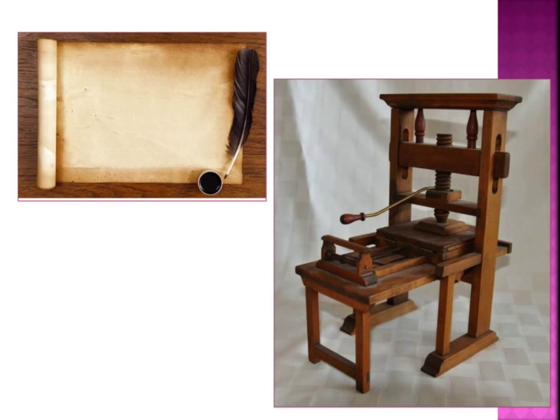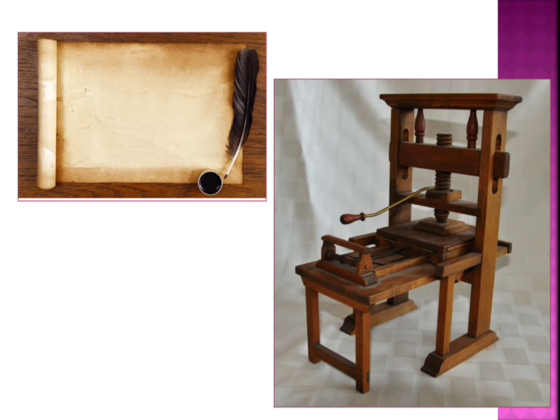Okay, in the year 1440s, a person called Johannes Gutenberg invented this printing machine, and by this invention it was easier for the people to print more copies of the same content. Okay, so it was easy for them.